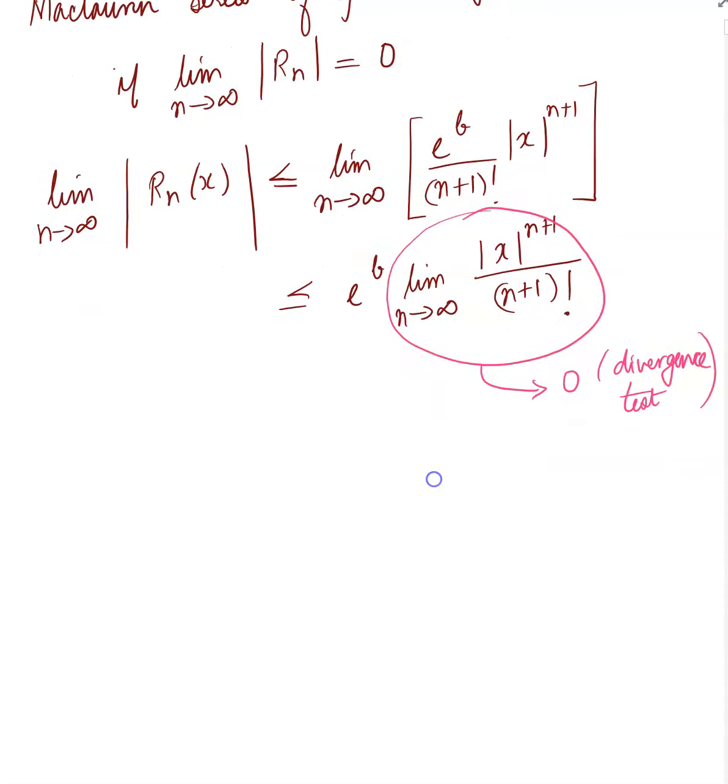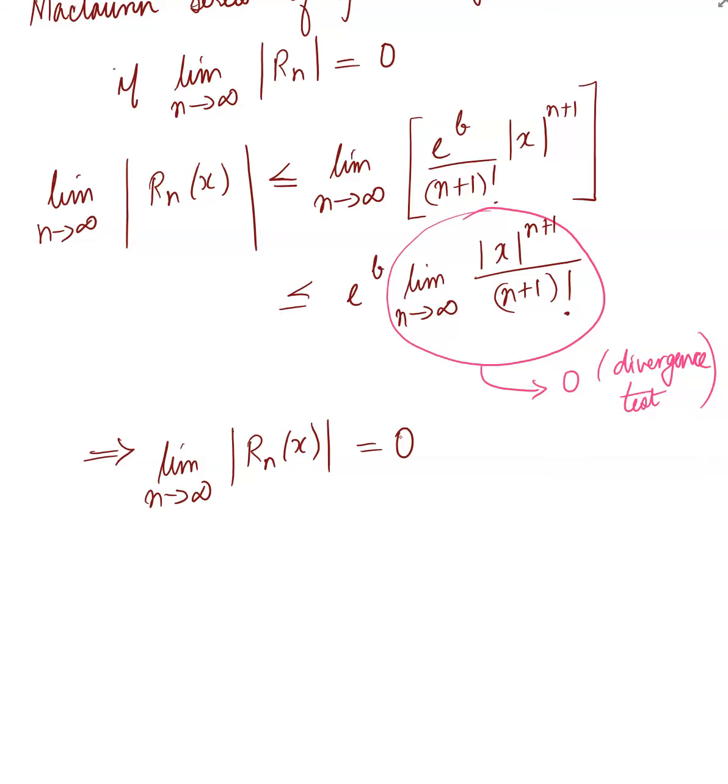Okay. Anyway, based on these, the combination of these gives us the limit as n approaches infinity of the absolute value of Rn of x to be equal to 0. Well, we have less than or equal to 0. That's another point. We have less than or equal to 0, but I'm saying that it's equal to 0.